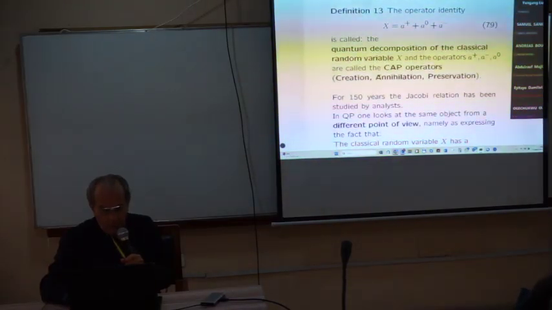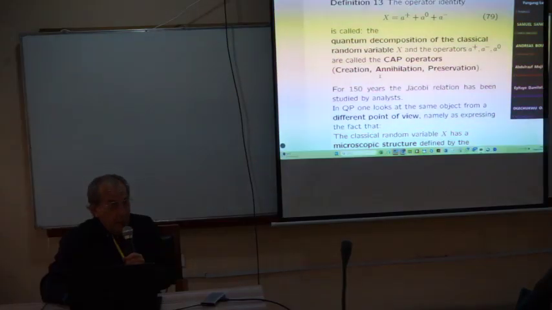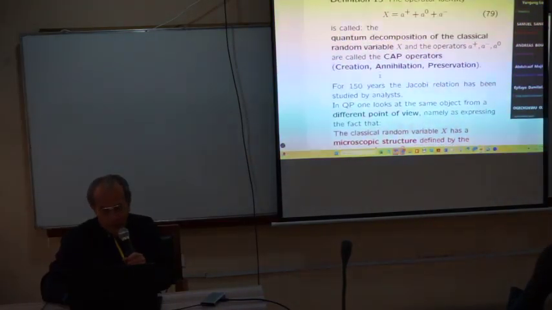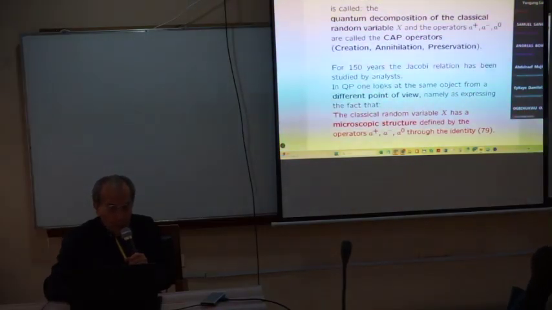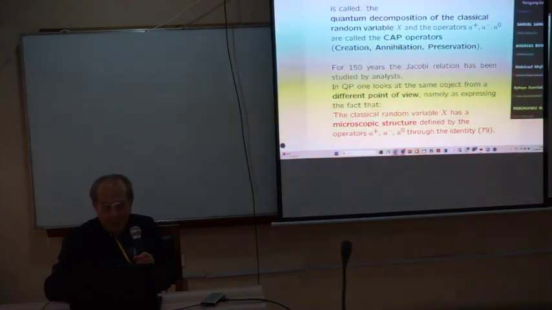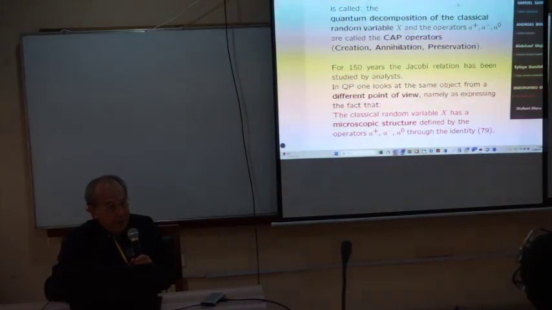So let me come again to this point, because the quantum decomposition is really the fundamental new idea of all these things. Okay? The quantum decomposition conceptually means that any random variable, which is classical, and random variables commute because they are multiplication operators, but they have a non-commutative microscopic structure.